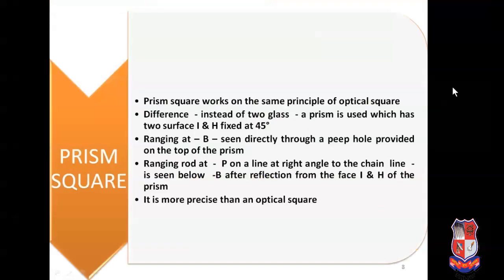Now the next instrument is the prism square. The prism square works on the same principle as the optical square. There is no difference. The principle is the same.